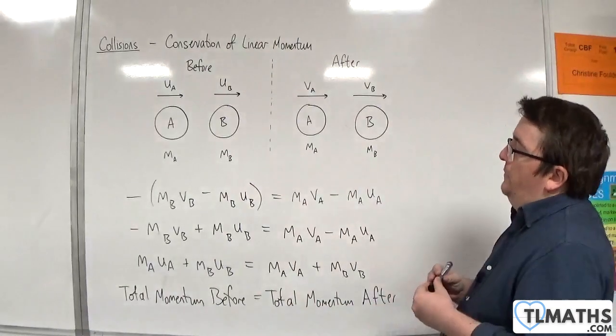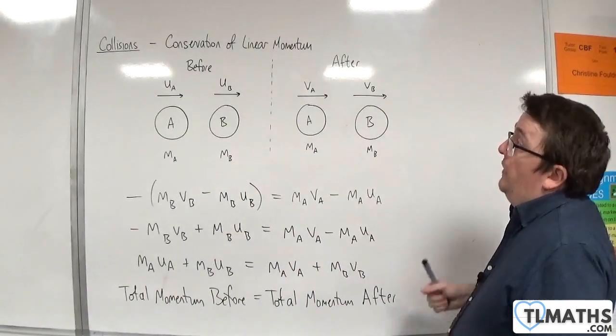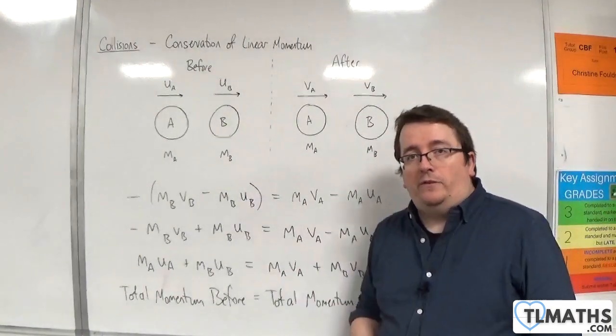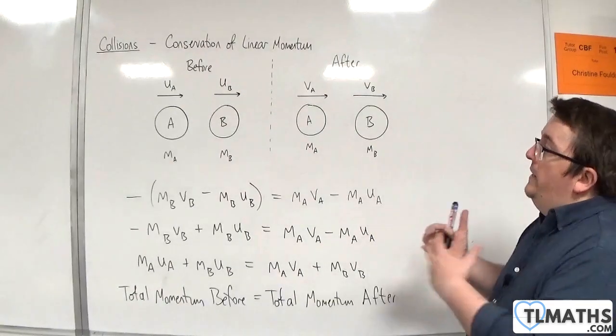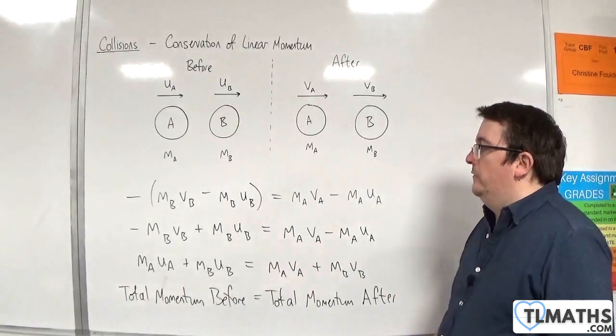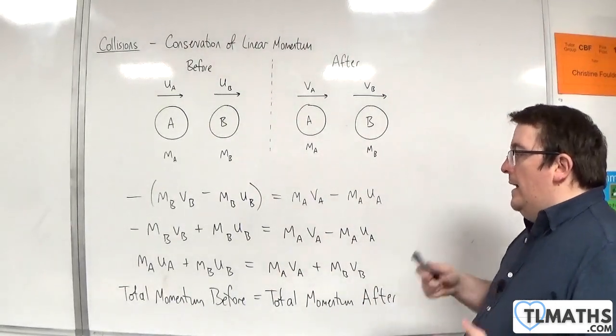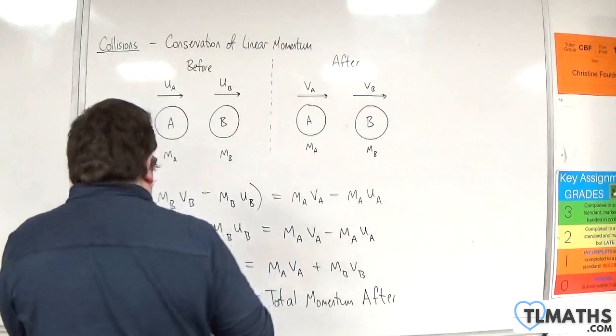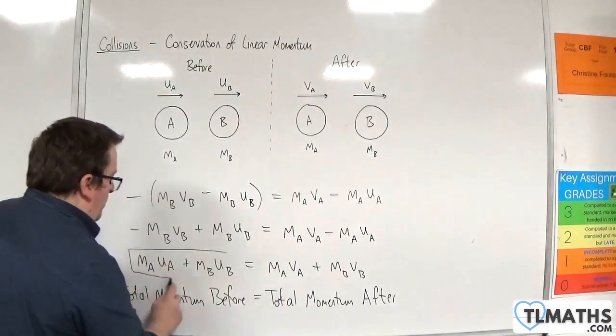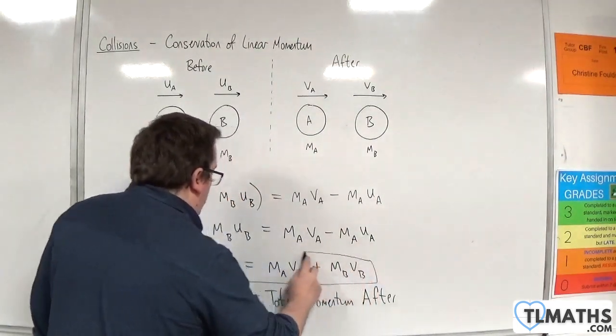And that is the conservation of linear momentum. So linear momentum is conserved by the collision, and that is what we will utilize throughout these problems as we deal with collisions.